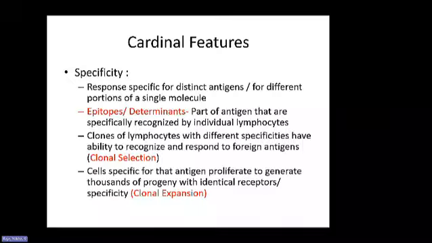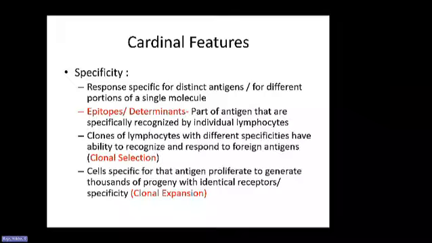For distinct antigens, the response has to be specific for different portions, even from a single molecule. If there is a portion of one molecule to which the immune response is directed, it can be specific to that particular portion and may not apply to the rest of the single molecule.